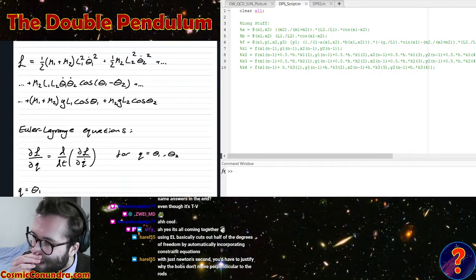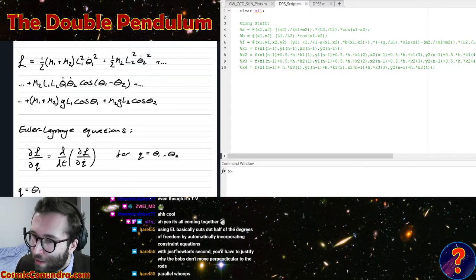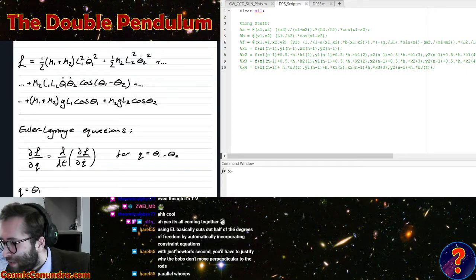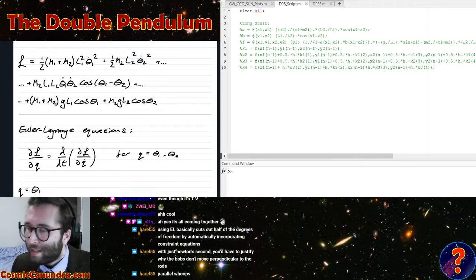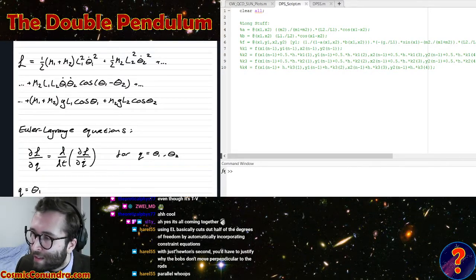Well, that's true, I suppose. But I mean, you wouldn't. That's fine. You just wouldn't include the radius as a variable. You would just set the radius L as a constant. I don't see that it would be too much extra work in that sense.